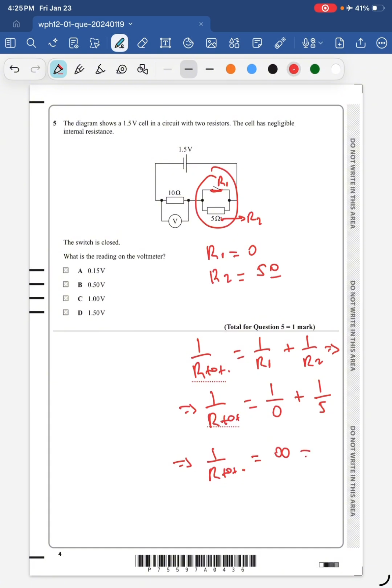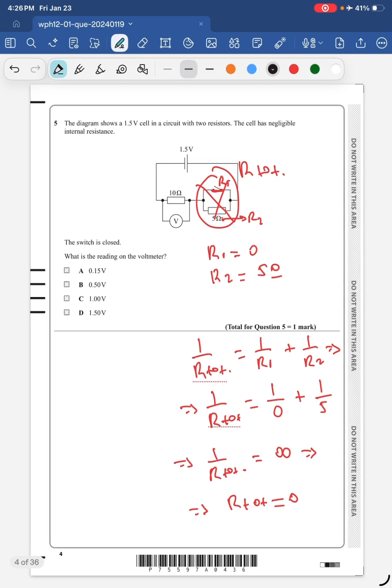Which means that the total resistance of this part of the circuit is 0, which means that we are effectively removing this loop from the circuit when we close the switch. I know it sounds crazy. And therefore, across the 10 ohm resistor, we're going to have 1.5 volts because that's the battery we have in the circuit, right? Crazy, but this is the answer.